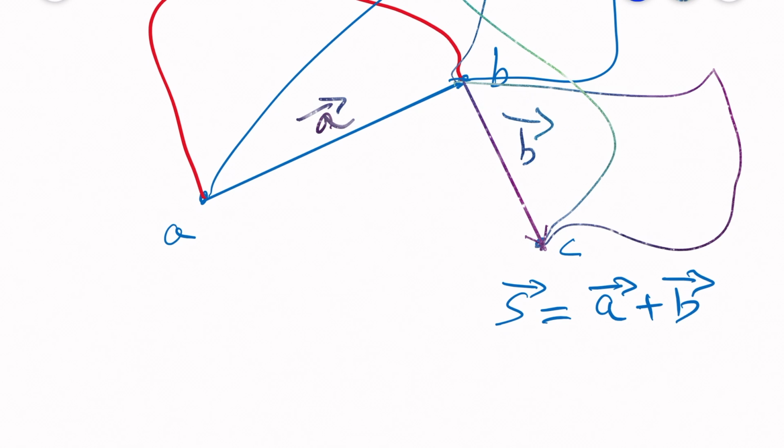So there is a geometric way of finding this. Basically what we need to do is to have our vectors drawn head to tail, which is in this case the head of vector A is joined to the tail of vector B, so that they are drawn head to tail. And once we do that, we can find out the addition of these vectors just by completing the triangle, and that will be our resultant vector.